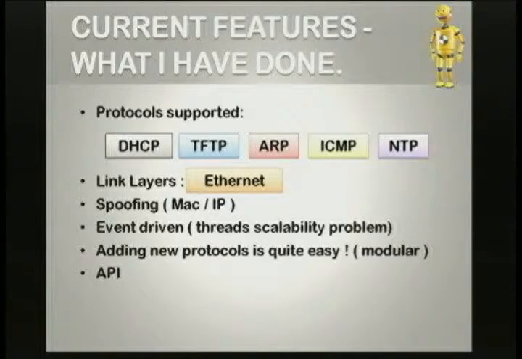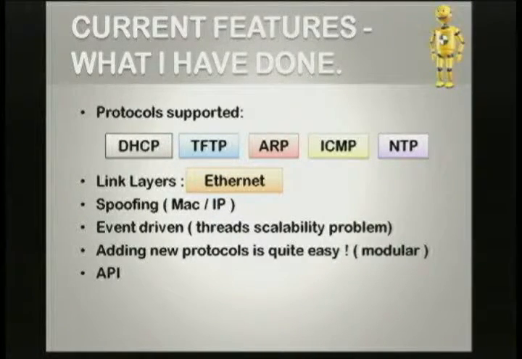But right now I'm implementing DNS. For example, just for fun, I'm working with some HTTP protocol also. So, link layers, Ethernet, that's it. I've made everything, I'm spoofing everything because, as I said, the virtual network is the router for every virtual device, so everything is spoofed.